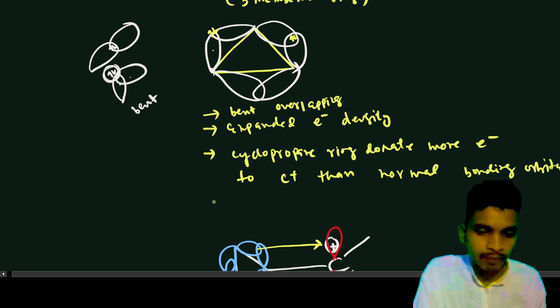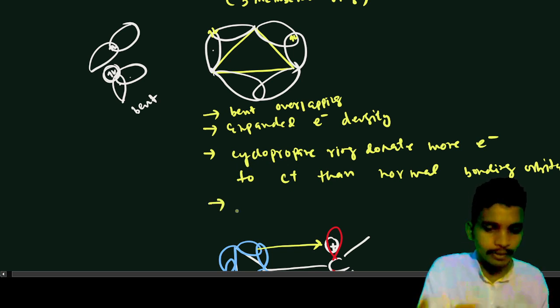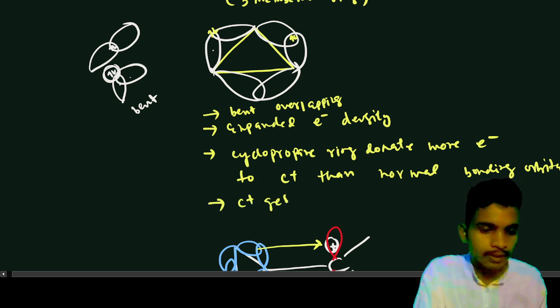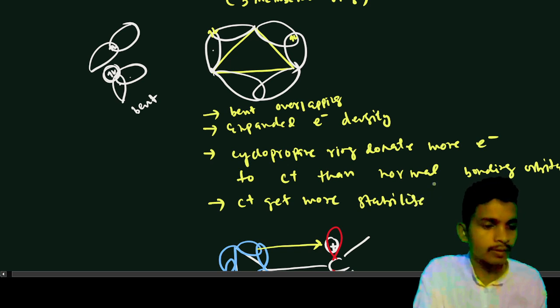So the carbocation gets more stabilized if it has a cyclopropane.